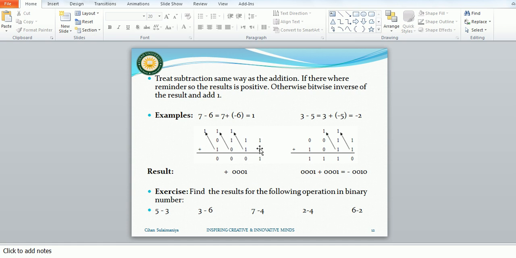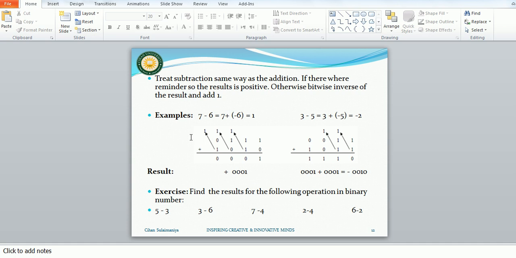So 1 plus 0 is 1. 1 plus 1 is 0, and there is 1 remainder that goes up. 1 plus 1 plus 0 is 0. 1 plus 1 is 0 with 1 remainder. 1 plus 0 plus 1 is 0, and 1 left.